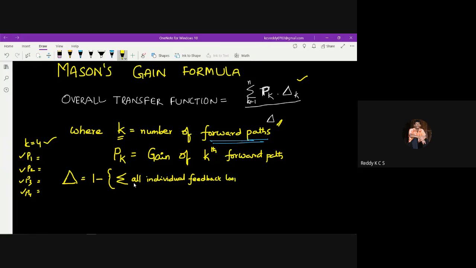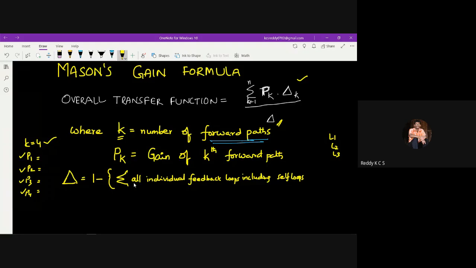For example, if there are 3 loops, L1, L2, L3, in the system, then we have to sum them. The summation symbol represents L1 plus L2 plus L3 here. And we also need to include the self loops. If you have a self loop, that also needs to be included in this case.